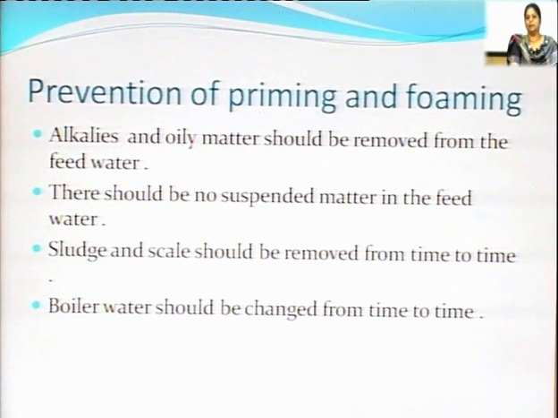They have to be removed from time to time, because when the sludge or the broken parts of the scales are present in boiler water, they increase the formation of bubbles and as such cause the problem of priming and foaming. And another way of preventing priming and foaming is that the boiler water should be changed from time to time.